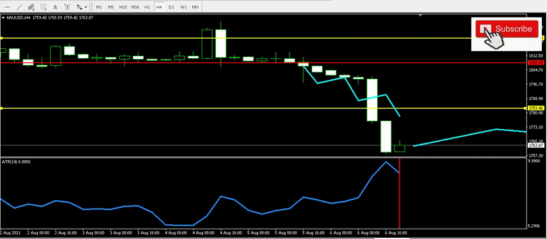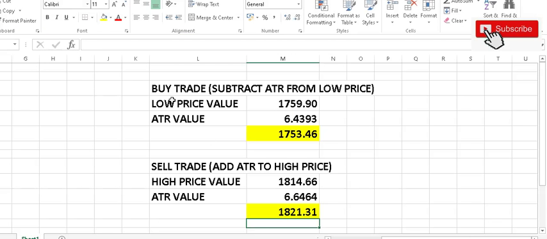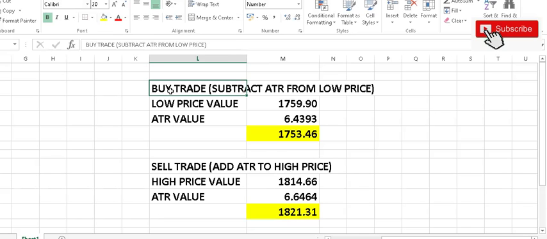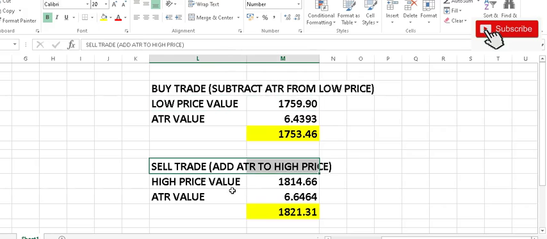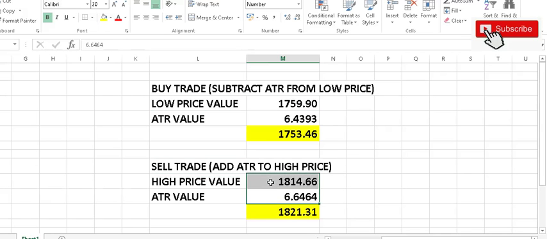Just go to your calculator or your Excel sheet. For a buy trade, if you have to buy, you subtract the ATR value from the low price of the currency pair, asset or commodity. If you have to sell, you add the ATR value to the high price.